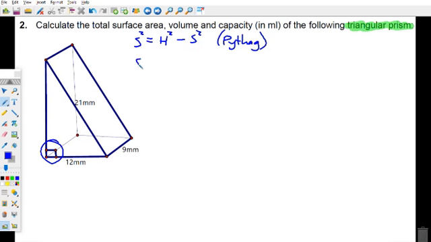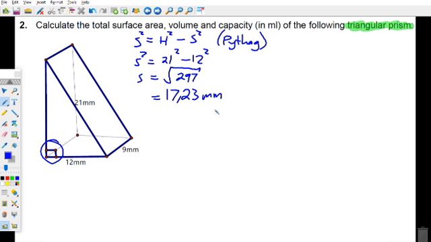It's going to be 21 squared minus 12 squared. 17.23, millimeters.